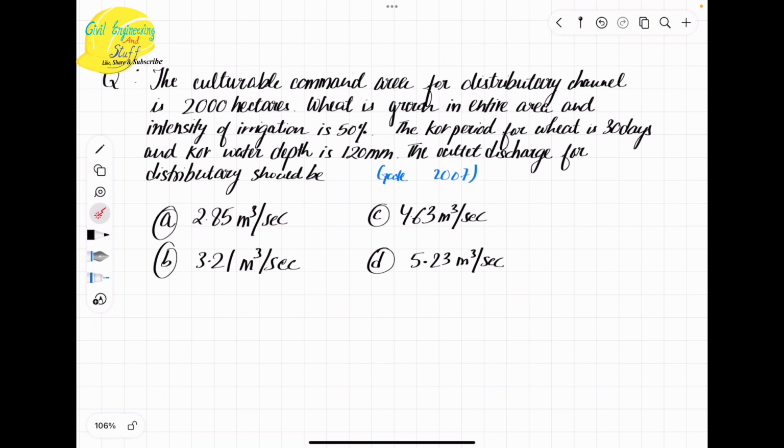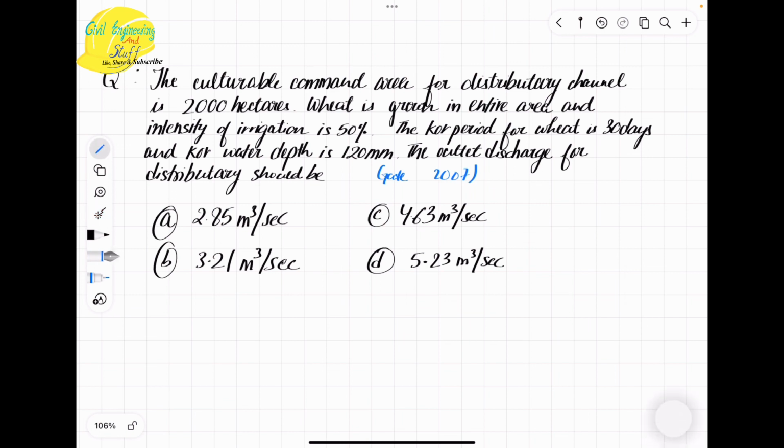Then what do we mean by intensity of irrigation? Then what is core period and what is core watering depth? These terminologies should be clear to you, because as and when these terminologies are clear, the question becomes very easy.